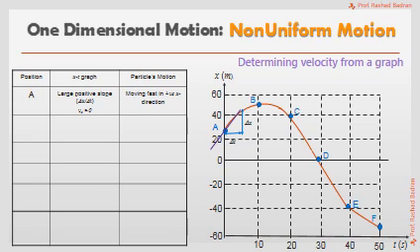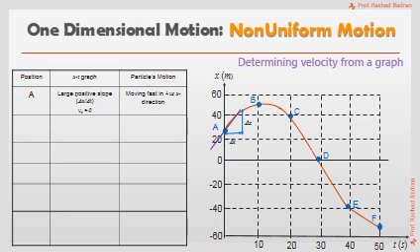Let us start with position A. On this curve, we can draw a straight line tangent to the curve at point A. Each straight line has a slope, and finding the slope means finding the instantaneous velocity at point A.